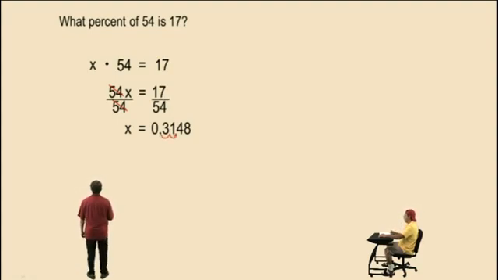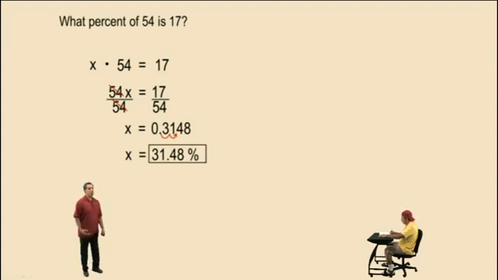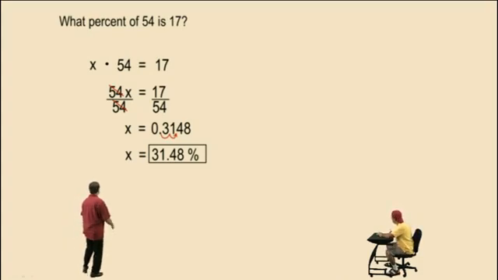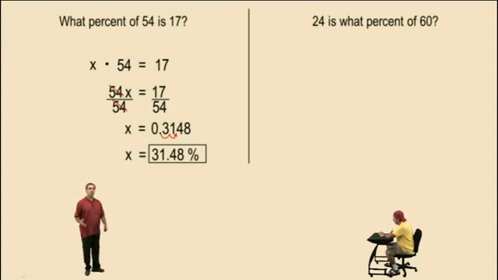So to write our final answer, it's 31.48%, and our percent is rounded to the nearest hundredth. So to answer this question, what percent of 54 is 17? The answer is 31.48%, rounded to the nearest hundredth. There you go. Or rounded to the nearest hundredth of a percent, rather.